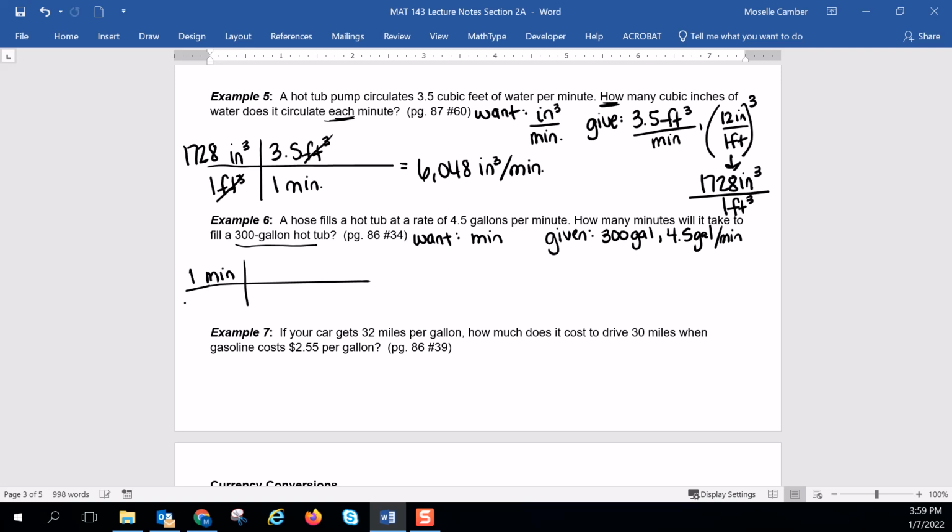So for each minute, I get 4.5 gallons of water. Now I don't want gallons in my answer, so I look and see what else do I have about gallons, and I have 300 gallons here. I know there's nothing else in this fraction, so I don't need to put anything down here. Now all I have left is minutes, which is what I want, so I do 300 divided by 4.5. And I get 66 2/3 minutes.